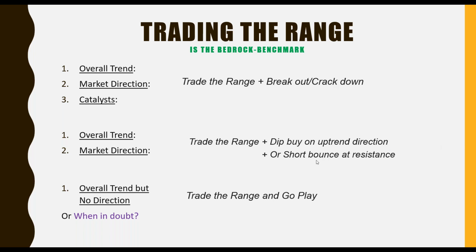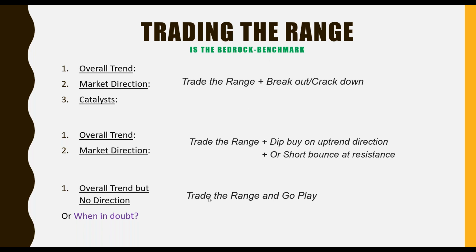Okay, so we can go puts at the resistance at the top of the range and ride the puts down to the bottom of the range. So we trade the range on the put side, buy the puts on the pop, and sell the puts right at the bottom of the range.